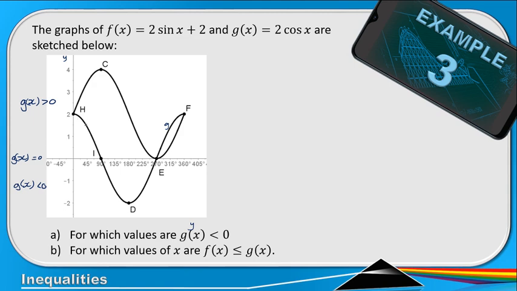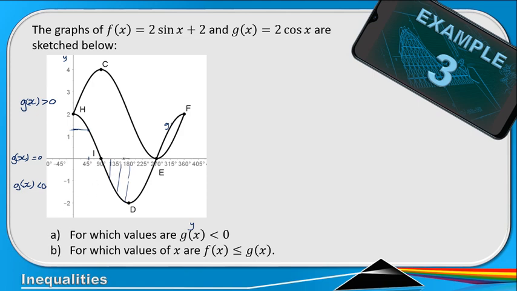So if I focus on my graph of g(x), for any point here, if you substitute in this x value, you're going to get a positive y value. If you substitute an x value here, you're going to get a positive y value. But for any x values between 90 and 270, whenever you substitute any of these values in, it's going to give you a negative y value.